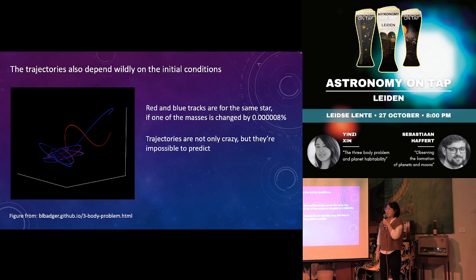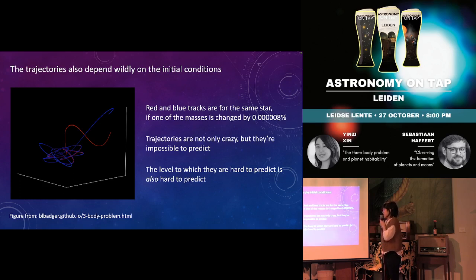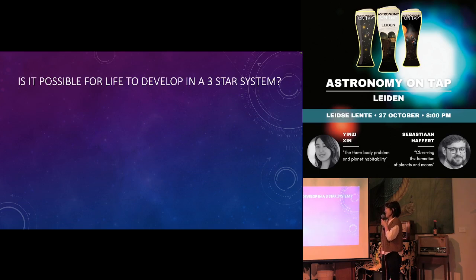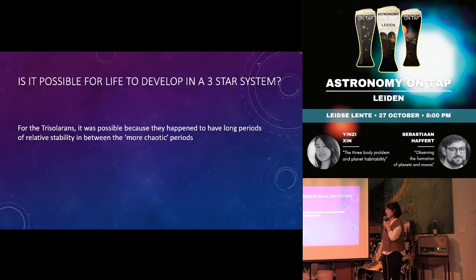So yeah, not only are the trajectories really crazy, they're also pretty much impossible to predict. And another thing that's kind of interesting is that the level to which they are hard to predict is also hard to predict, so you actually don't know how far off you will be. So I wanted to come back to the original question of, is it possible for life to develop in a triple star system?